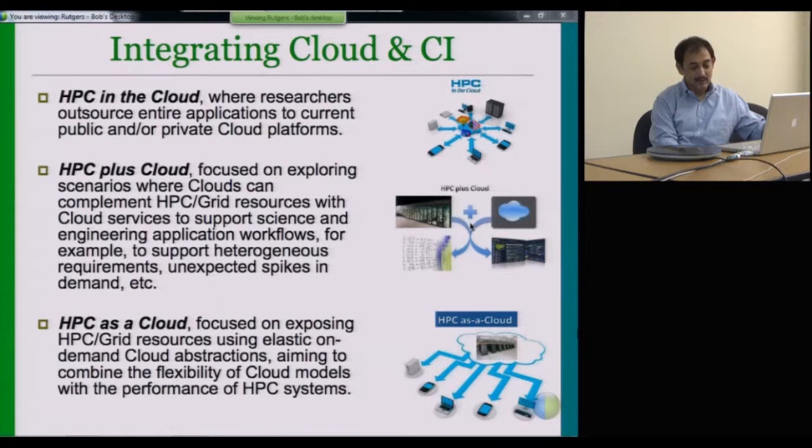And so what that does is it reduces the barrier to access these resources, and that's what we're calling HPC as a cloud. And there are similar experiments that people have done on other such platforms as well, right? And so that's another way one could use the cloud abstraction to support science and engineering on these platforms.